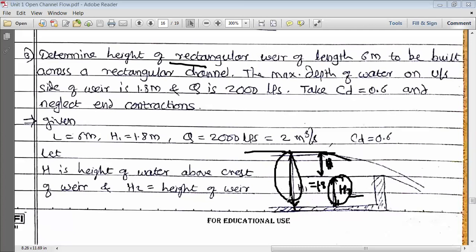I have told you काय करायचं मी तुम्हाला सांगितले. कसं करायचं कोण सांगेल? Yes, can anyone? कोण सांगितलं का? How to find this H2?